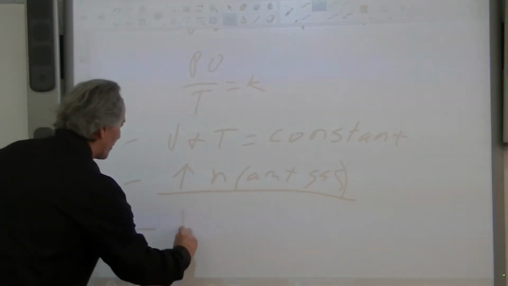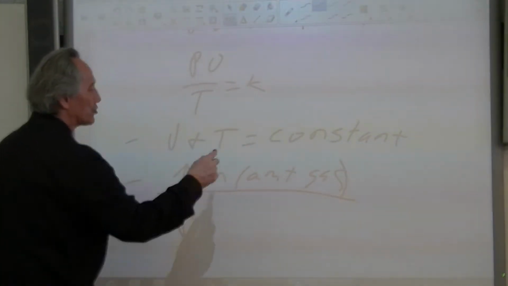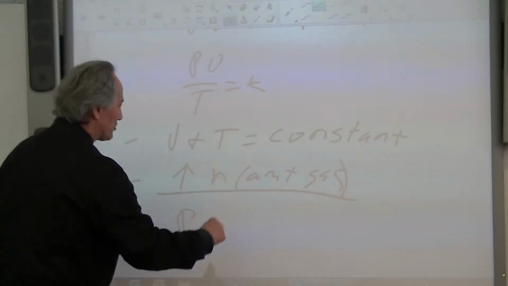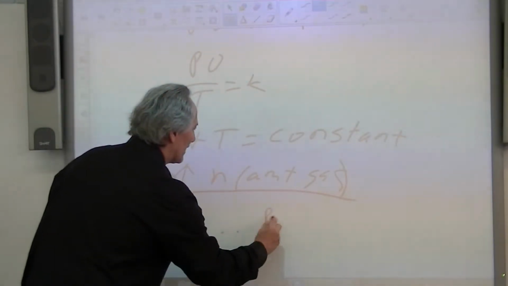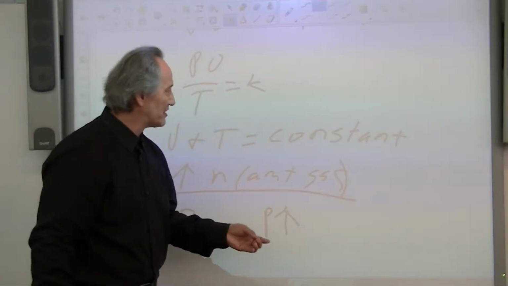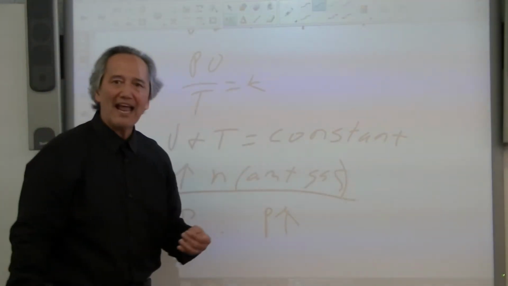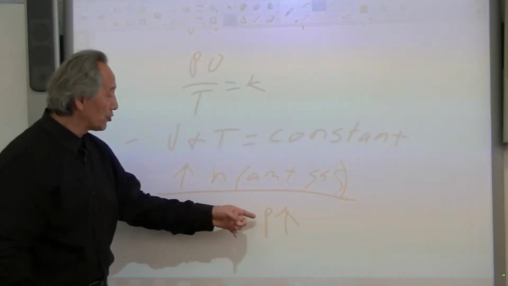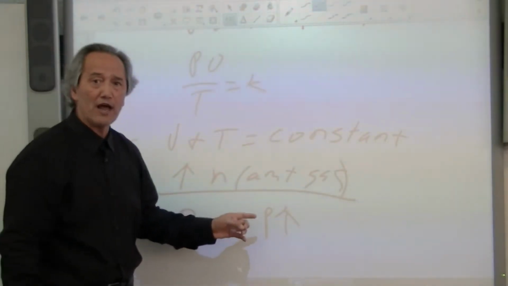What is going to happen to pressure? As we increase the amount of gas, pressure will, in fact, also increase. So what does it tell us? It tells me that as the amount of gas, n, increases, there's a direct relationship with pressure. Pressure likewise will increase.